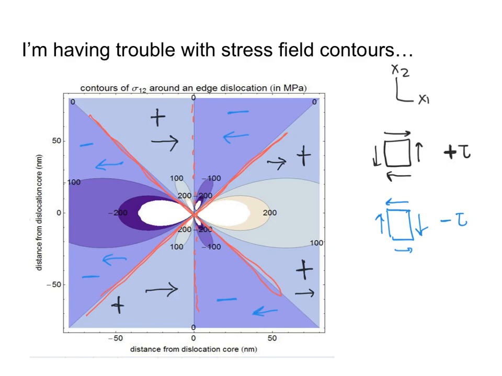So those are the main things. We don't need to worry too much, as I said, about actually reading the contour map, but just understanding what the value of the stresses mean and what it tells us about the state of affairs around the dislocation. All right, let's go on.